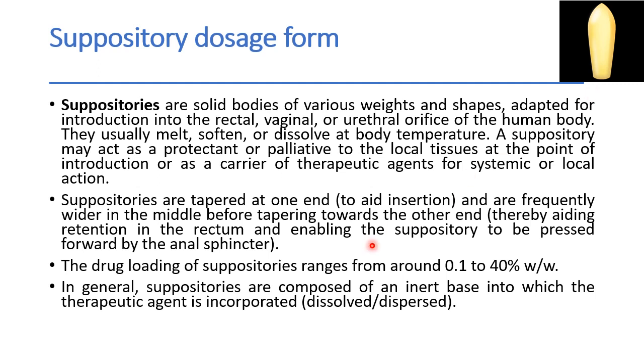The active ingredient concentration in the suppository may range from 0.1 to 40% weight per weight. In general, suppositories are composed of inert base into which the therapeutic agent is loaded, dissolved or dispersed.